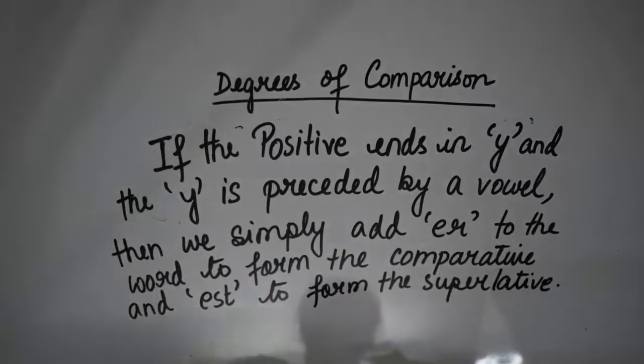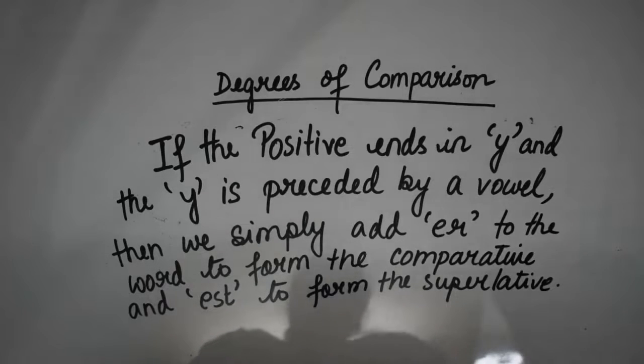So if the positive ends in Y and there is a vowel before the Y, then you just simply add ER to the word to form the comparative and EST to the word to form the superlative.